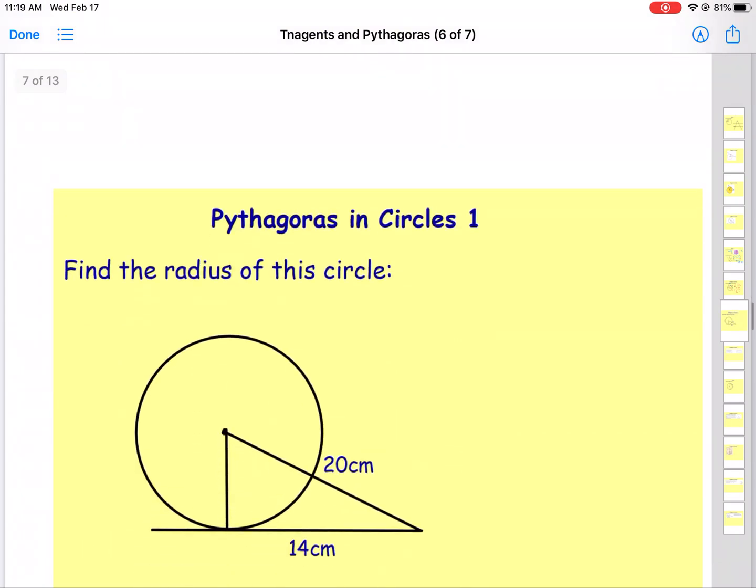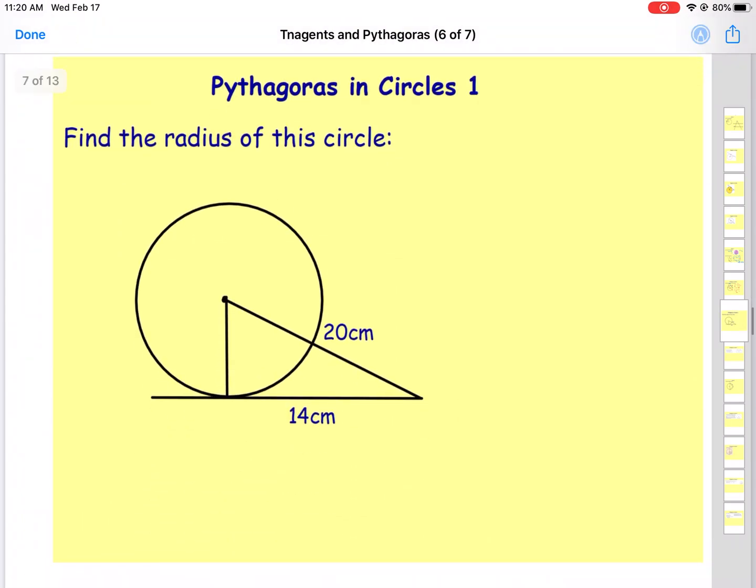The next example here, we are looking to find the radius of the circle. So in this circle diagram, we have got a right angled triangle on the right hand side. The line which has 14 attached to it is a tangent to the circle, and it meets the radius at a right angle.